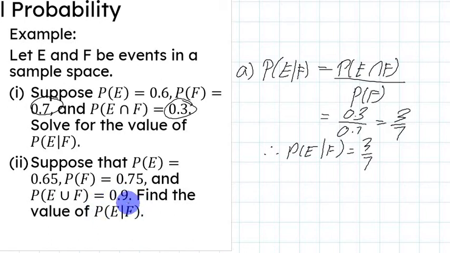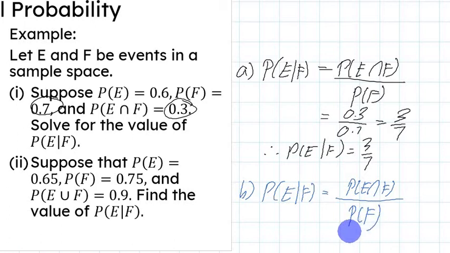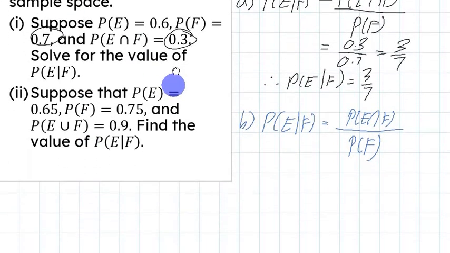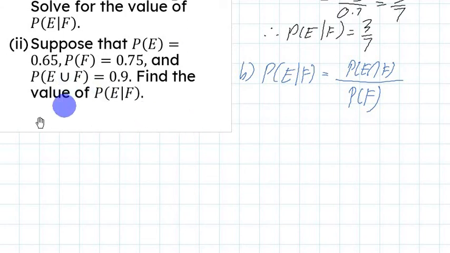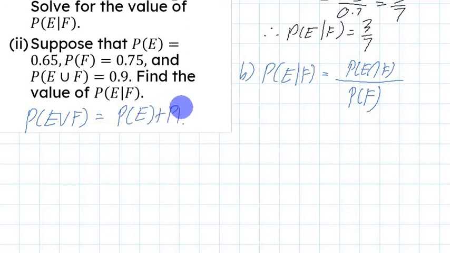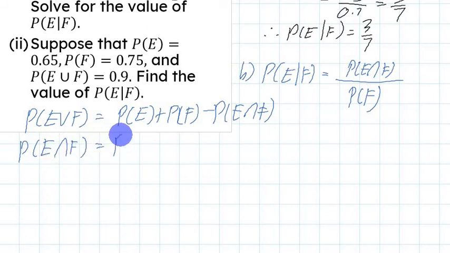We're asked to find the probability of E given F. So here, remember again that the probability of E given F is equal to the probability of E and F all over the probability of F. In this case, we're given E union F, but we know from the general addition rule that the probability of E union F is equal to the probability of E plus the probability of F minus the probability of E and F. Manipulating the general addition rule will give us the probability of E and F is equal to the probability of E plus the probability of F minus the probability of E union F.